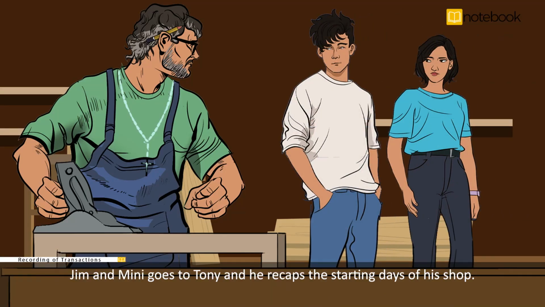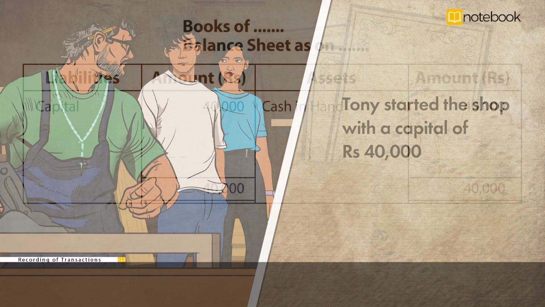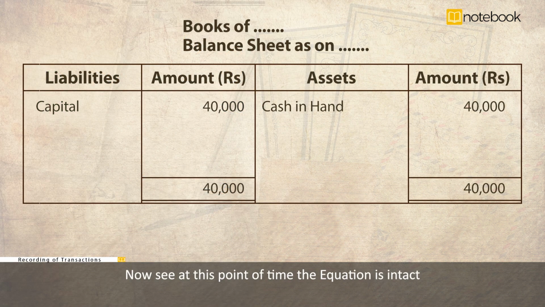Jim and Minnie go to Tony and he recaps the starting days of his shop. Tony started the shop with a capital of 40,000. Now see, at this point of time, the equation is intact. That is, the assets total equals the liabilities total here.